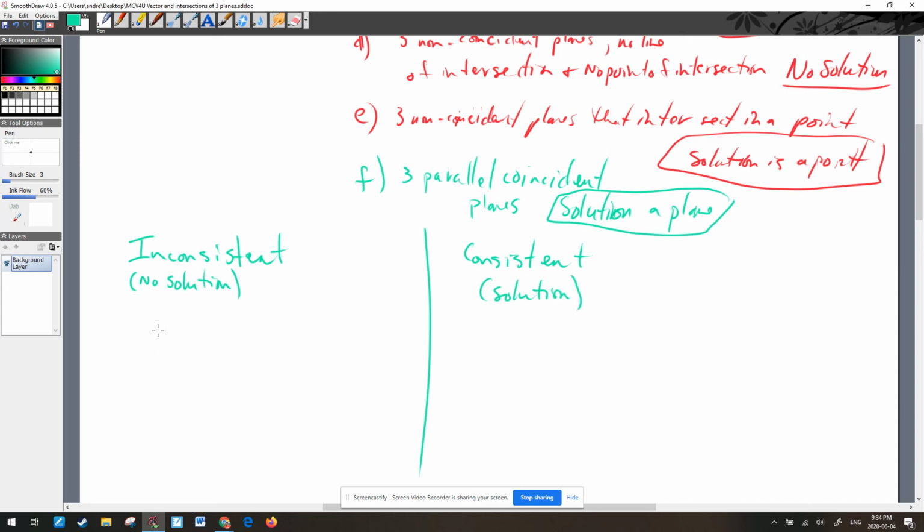Okay, so the inconsistent ones are going to be A, B, and D. And then the consistent ones are going to be E, C, and F. So inconsistent means no solution, consistent means solution.